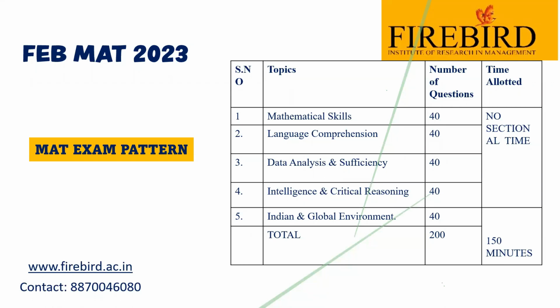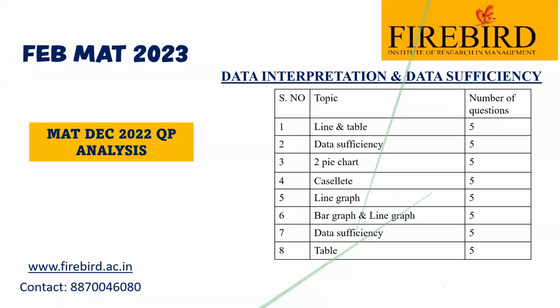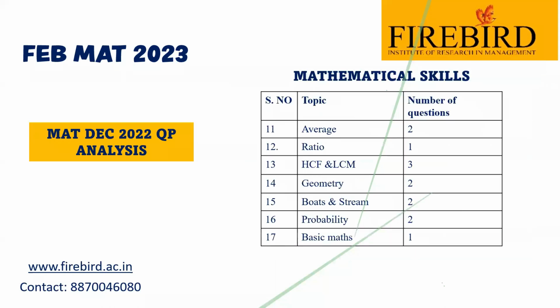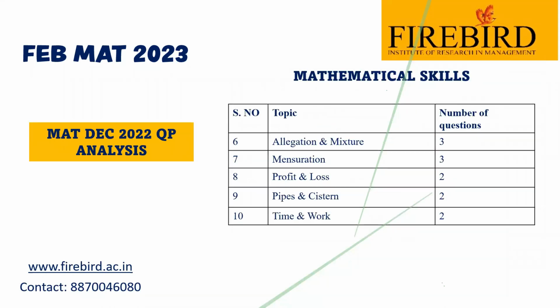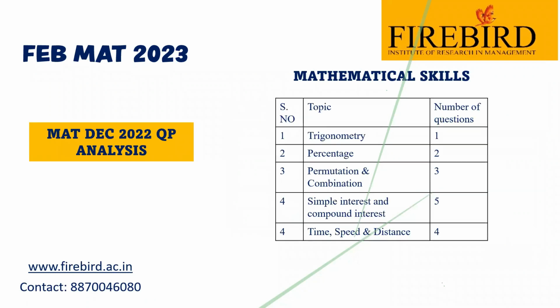And also, this is not only a strategy, but you should be thorough with all the topics in the mathematical skills part and also in data analysis and sufficiency. See, I also forgot to say one thing. Only if you are thorough with concepts like average, ratio, allegation and mixture, profit and loss, percentage, simple interest and compound interest, only if you know the basic mathematical part, it will work.